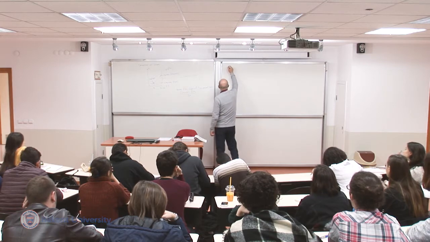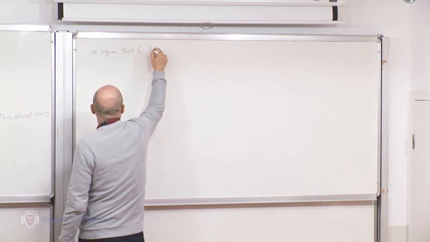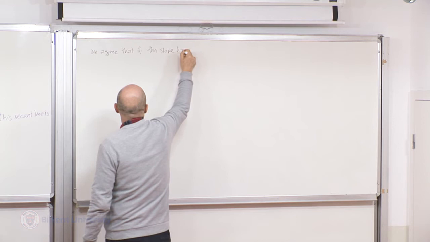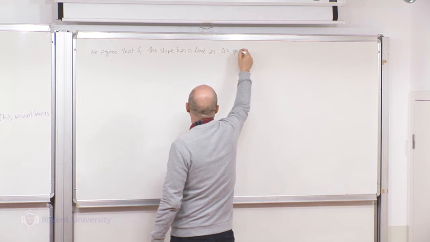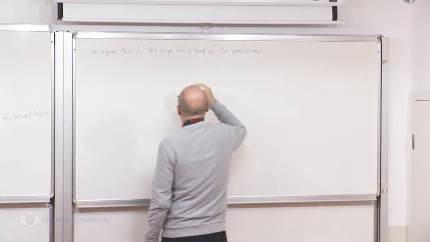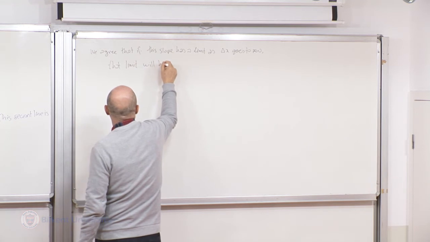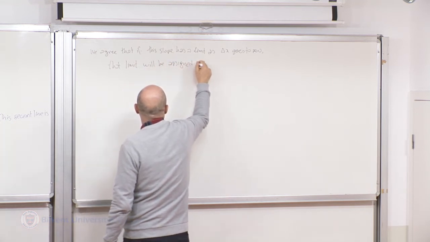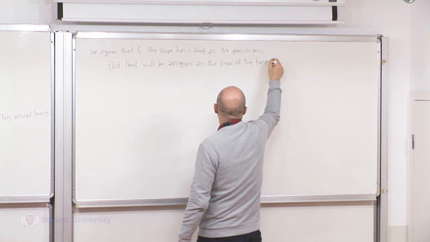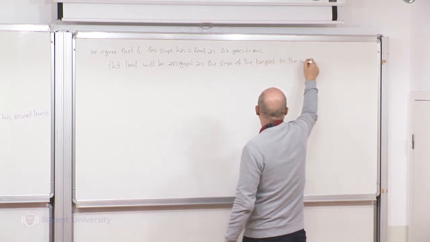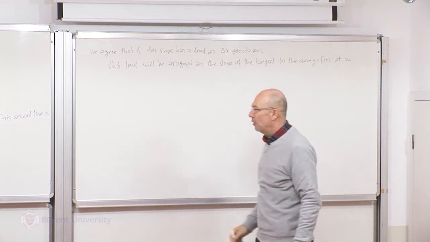We agree that if this slope has a limit as delta x goes to 0, the limit will be assigned as the slope of the tangent to the curve y equals f of x at x sub 0. So that's our agreement.